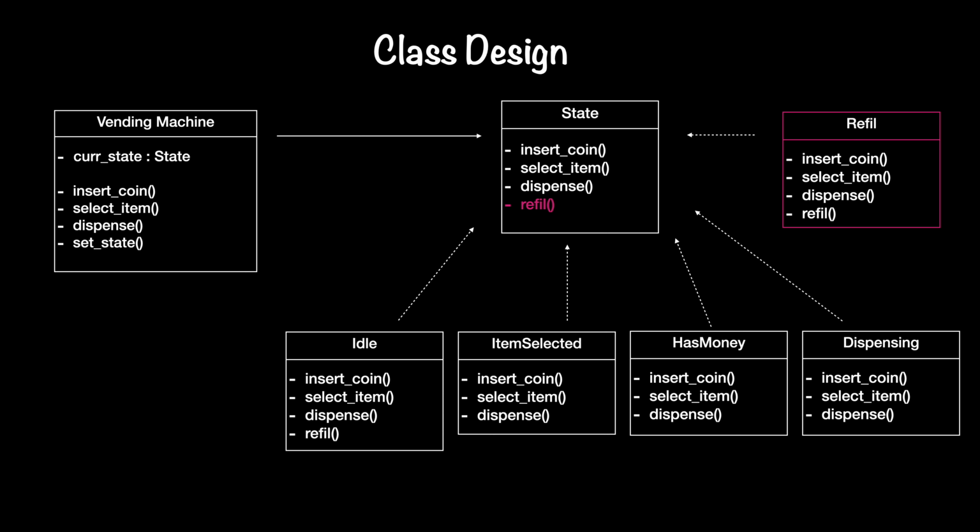We don't do a refill if someone is already using the machine, right? So that's why it's better to keep the state as a class rather than an interface, for the flexibility and to obey the open closed principle.